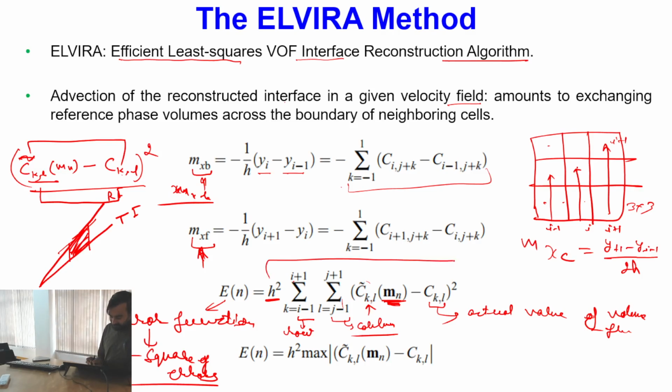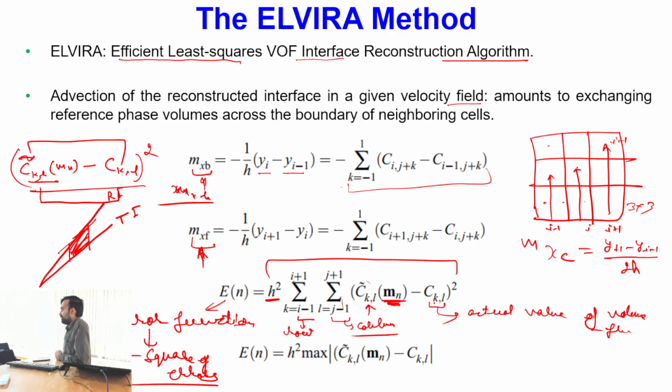If I take this summation, this is interesting to note. Can you tell me what will be the largest magnitude of this error? Which term will be controlling this amount of error? Please tell me.